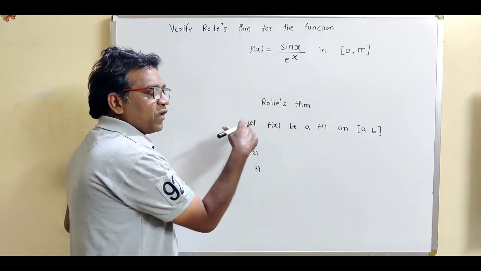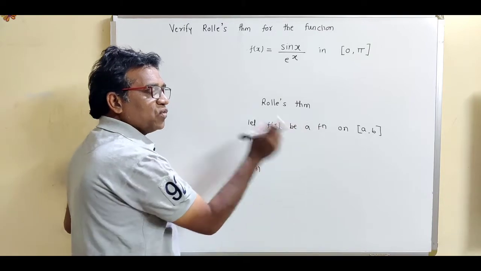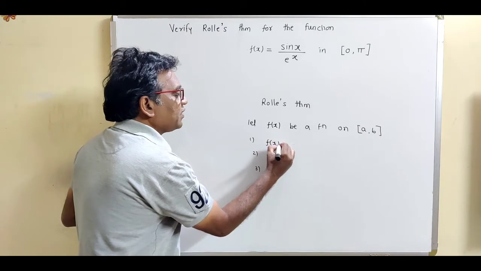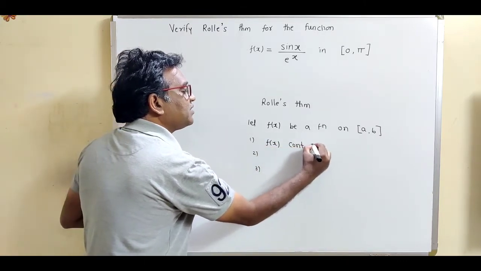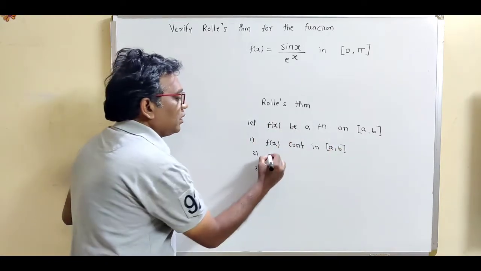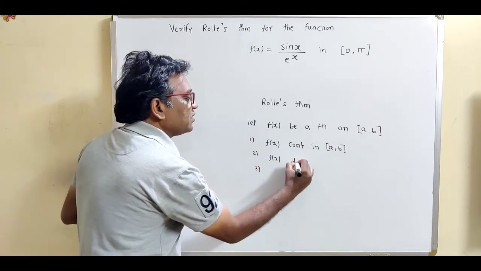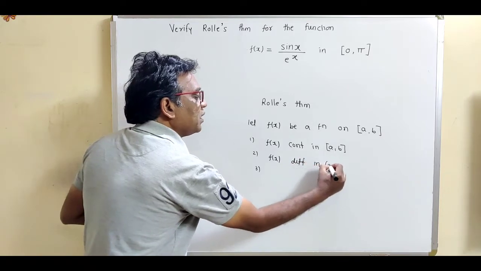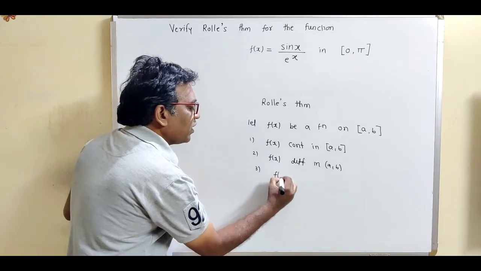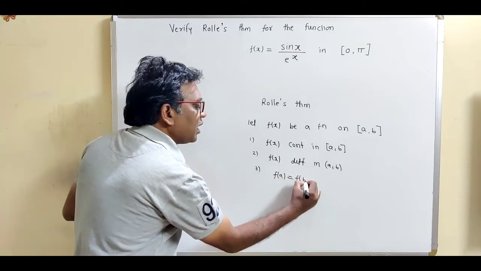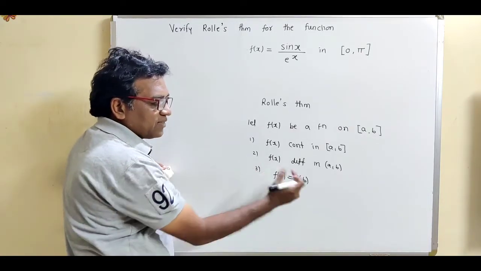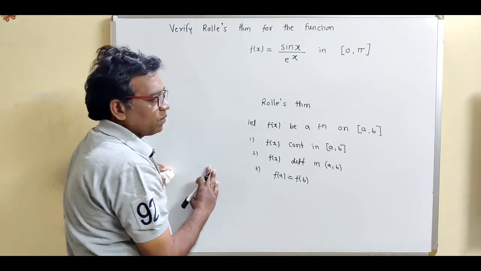If f(x) is a function defined on the closed interval [a, b] such that f(x) is continuous in the closed interval [a, b], this function f(x) should be differentiable in the open interval (a, b), and what is the third condition? Functional values are equal at the end points. The value of f(a) is the same as the value of f(b).